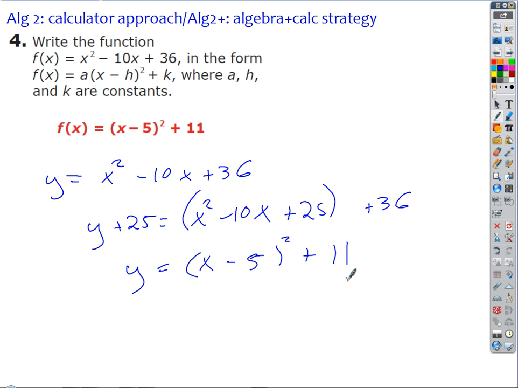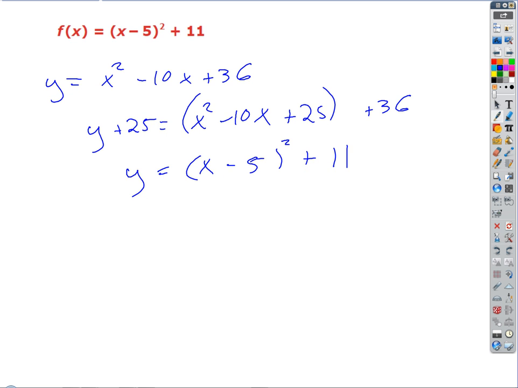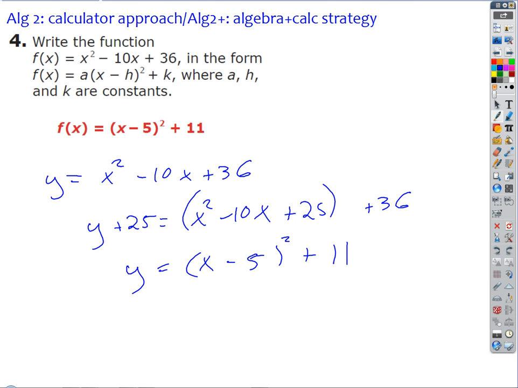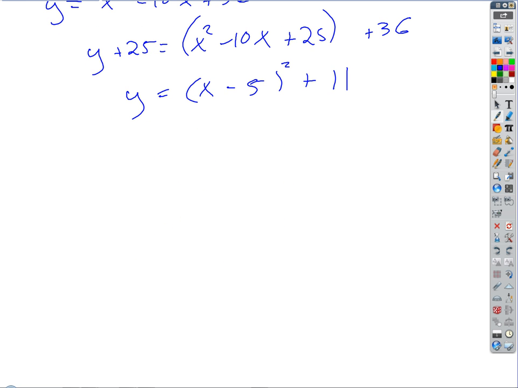And so if you write it in that form, now we know what a, h, and k are, right? a is 1, h is negative 5, k is 11. What that also allows us to do, there are some other questions that could come up where they want you to graph a parabola based on a parent function.